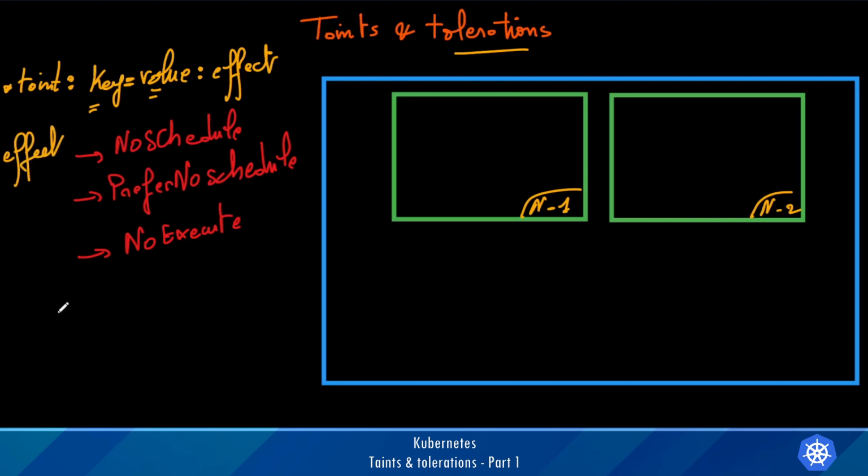So for example, let's say that we want to taint this node with this taint. For the key I will choose key1, for the value I will choose value1, and finally for the effect I will choose NoSchedule.